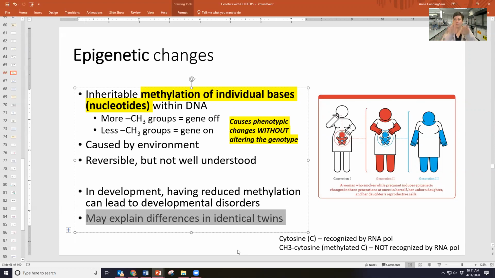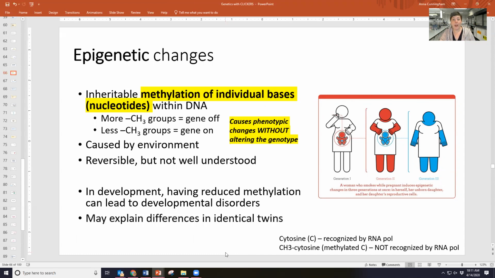We know that if you take two identical twins, their genotypes are exactly the same, but they will become individual people. Nature versus nurture is the way it was referred to in the past. For example, my husband's brothers are identical twins, and they were raised exactly the same.